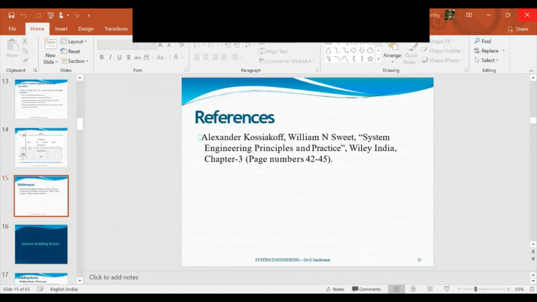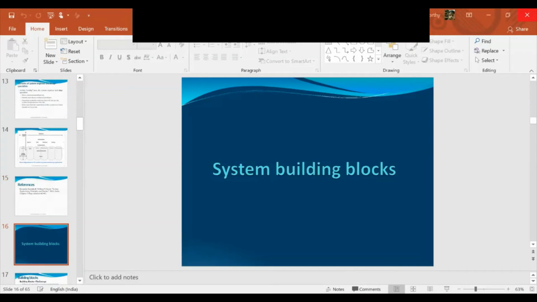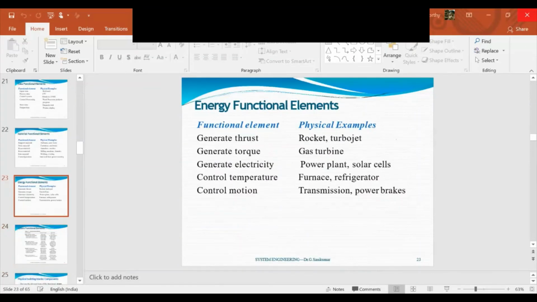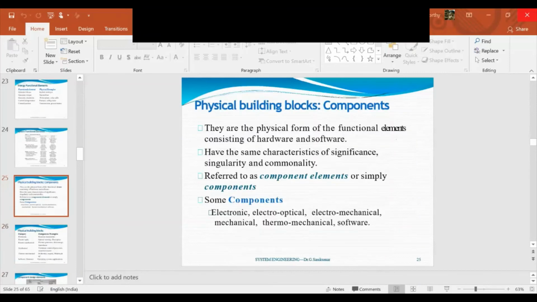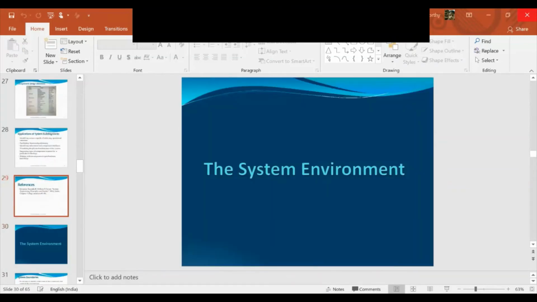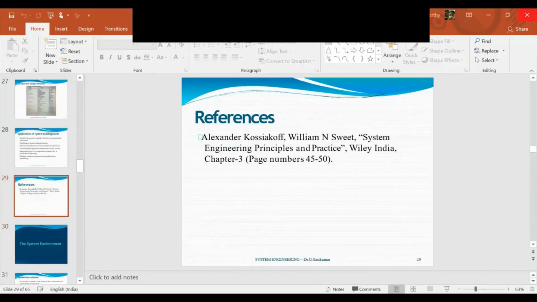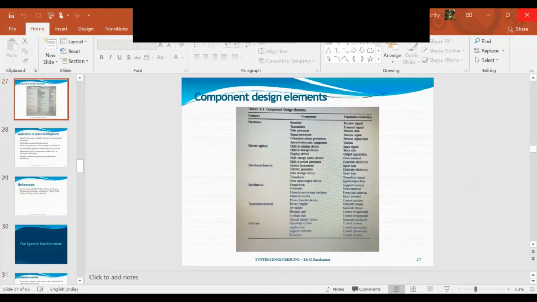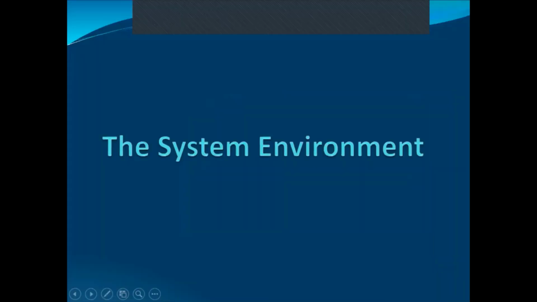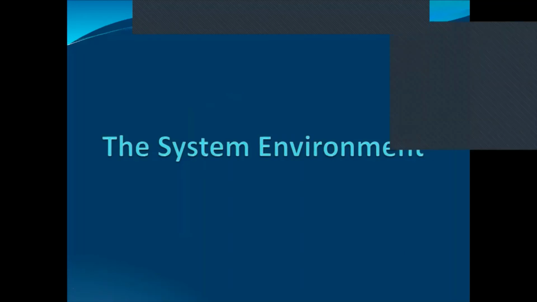Similarly, in our course also, we have studied system building blocks: how the functional elements are related to the physical and functional parts of a system. A system must have physical and functional elements. As we observed in the previous video, the message is about how to take a physical world object into the digital world.